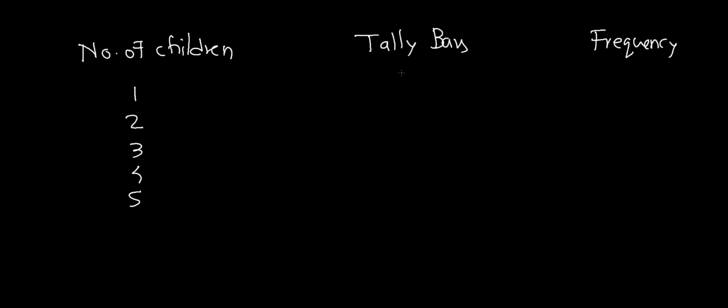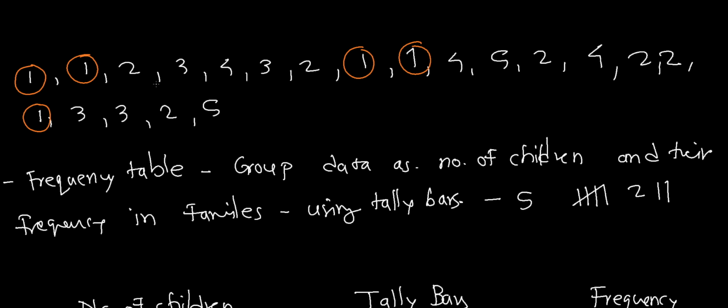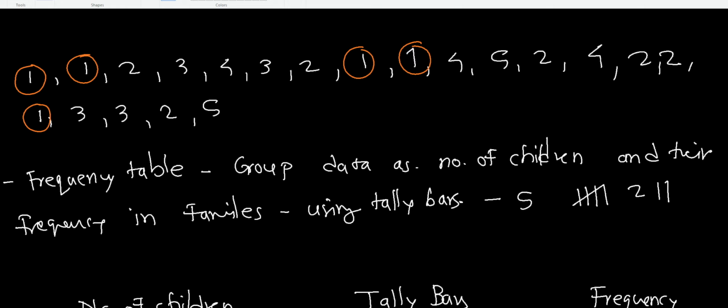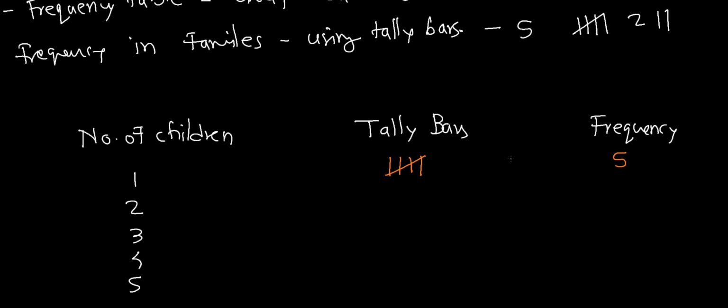So we'll write down here 1, 2, 3, 4 and 5. And what's the frequency? 5. Frequency is 5. Now number of children 2. So this will be 1, 2, 3, 4, 5, 6 families have 2 children.